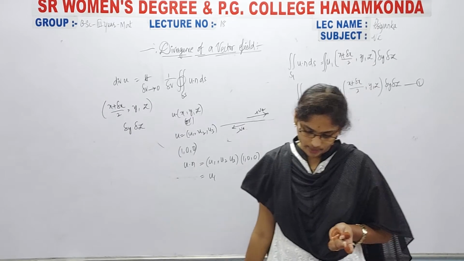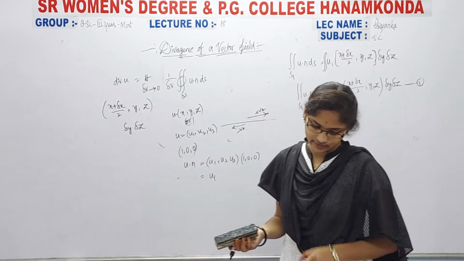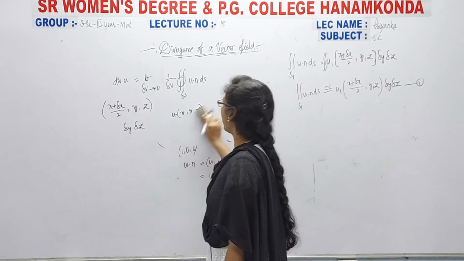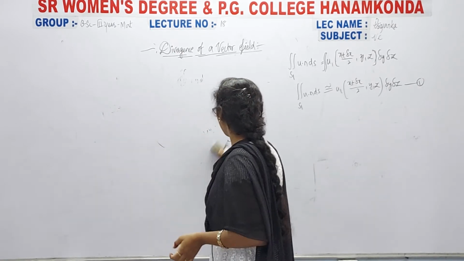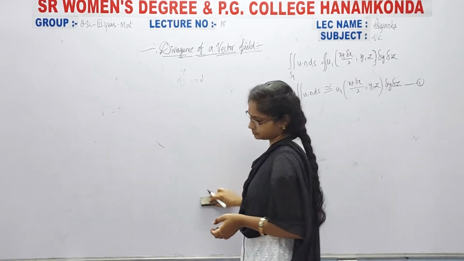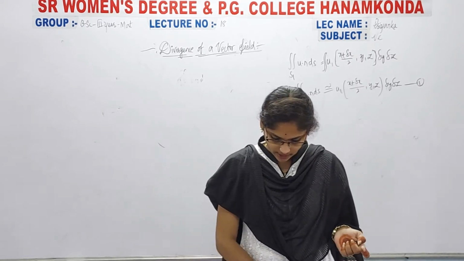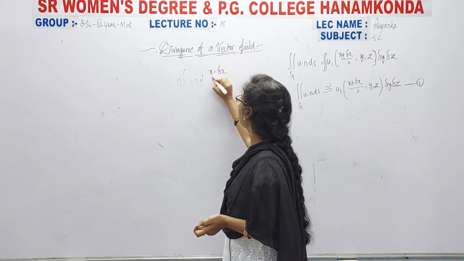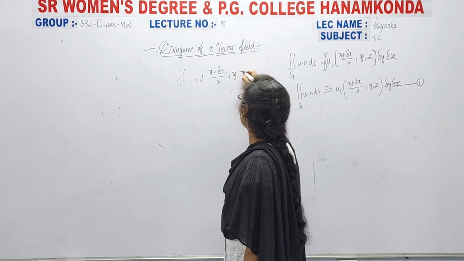Now write down the surface integral over S2, which is located at x minus delta x by 2, comma y comma z.